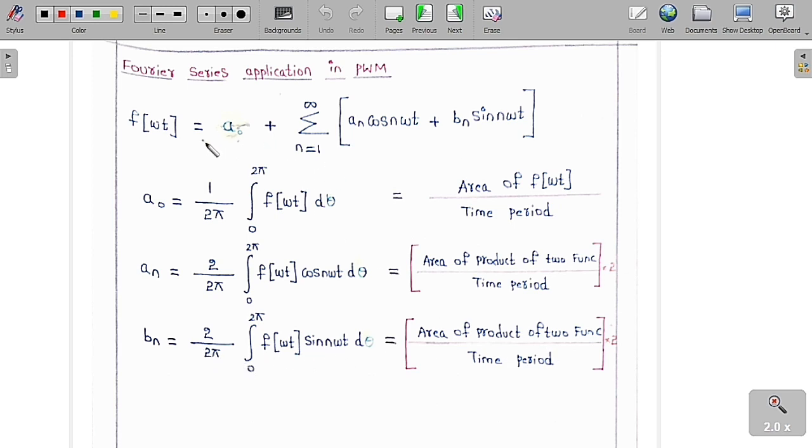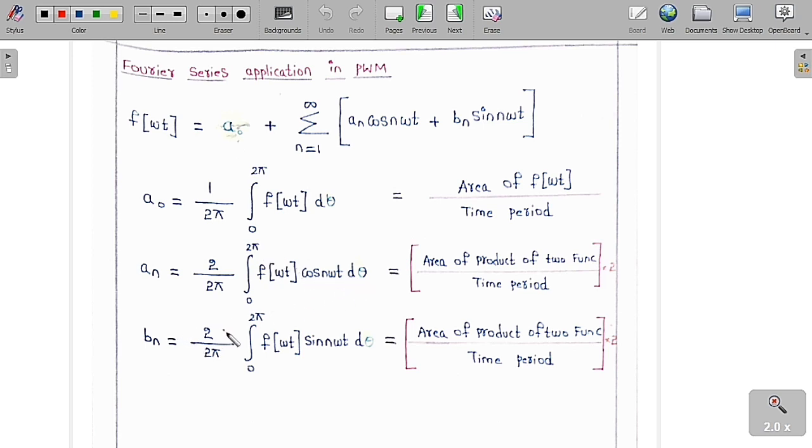So simply we can say that f of theta is equal to a naught plus sigma n is equal to 1 to infinity a n cos n theta plus b n sin n theta. So a naught is equal to 1 by 2 pi integration of 0 to 2 pi f of theta d theta, and a n is equal to 2 by 2 pi integration of 0 to 2 pi f of theta cos n theta d theta.